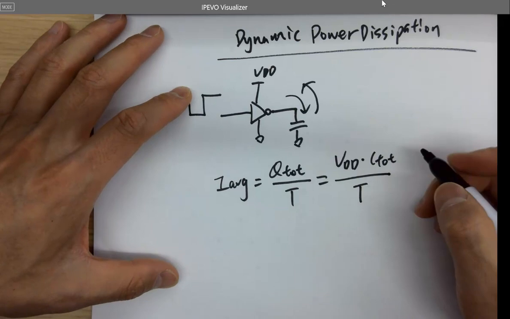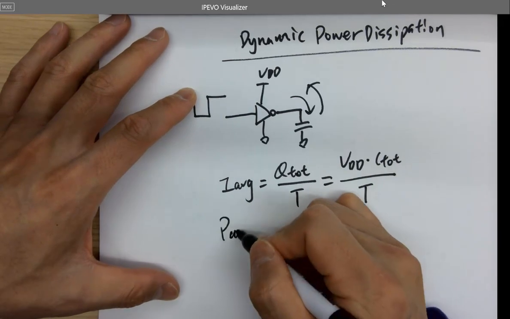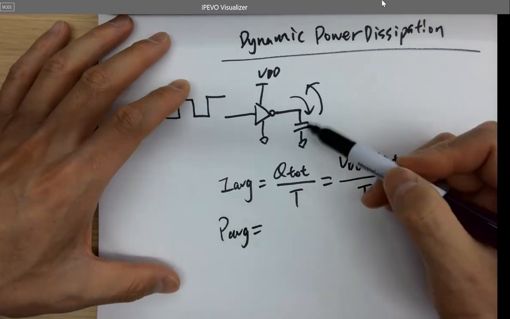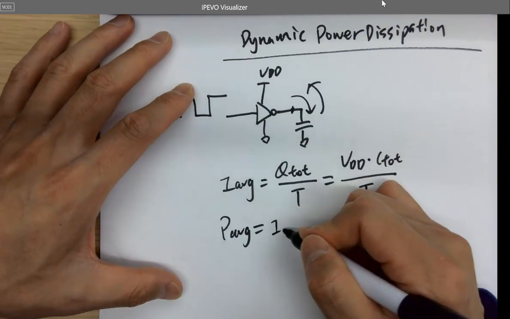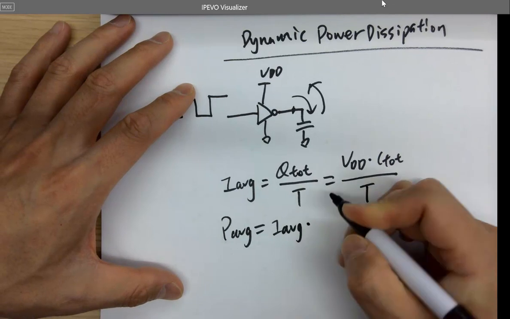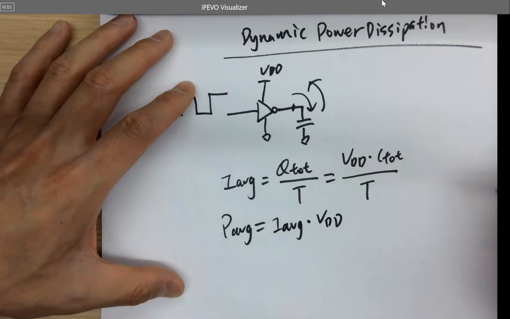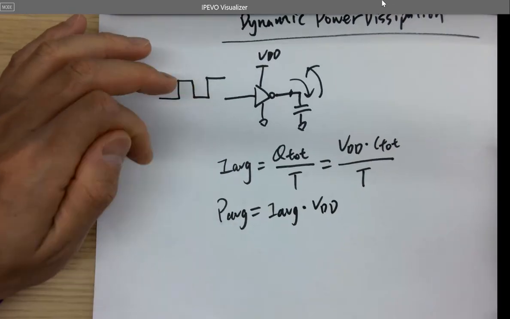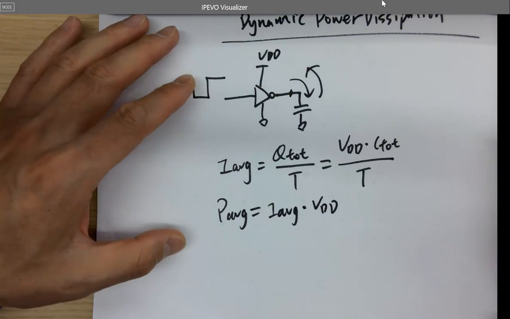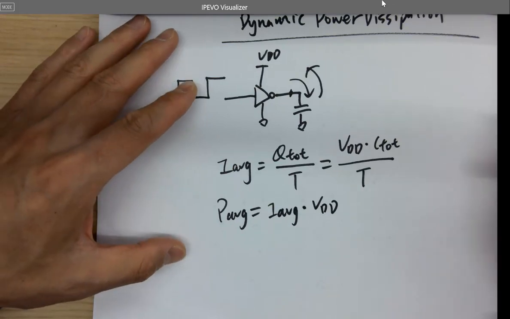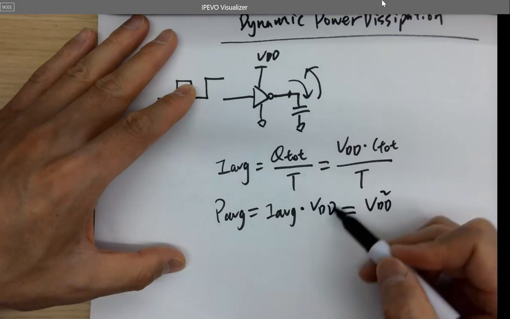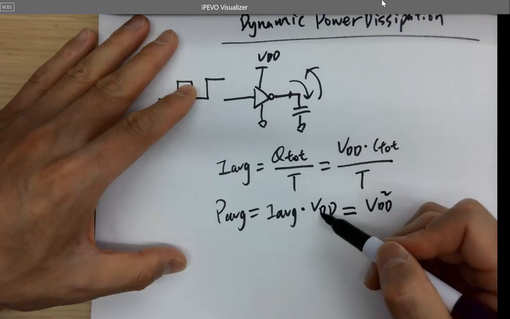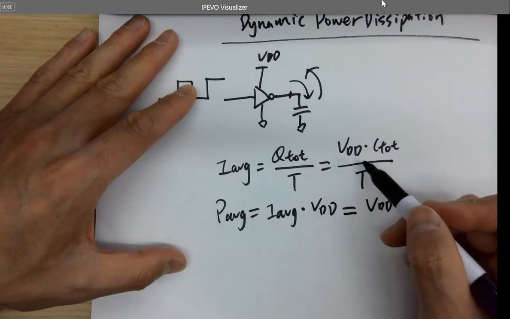And so the average power consumed by this node equals the average current times VDD. So VI equals P. Power equals V times I. That becomes VDD squared if you substitute I average with this one.